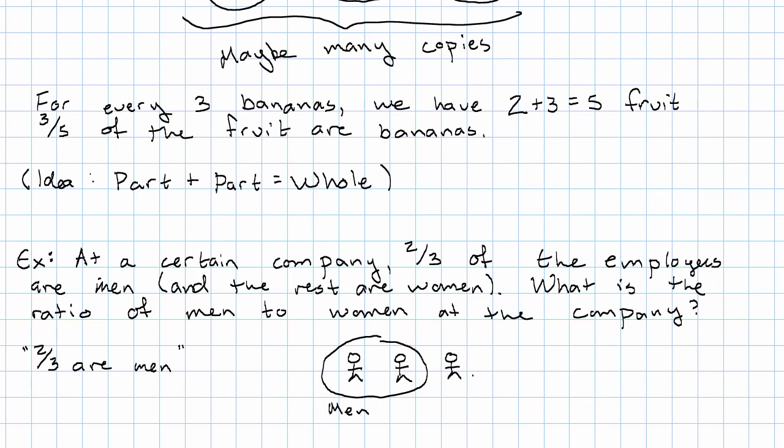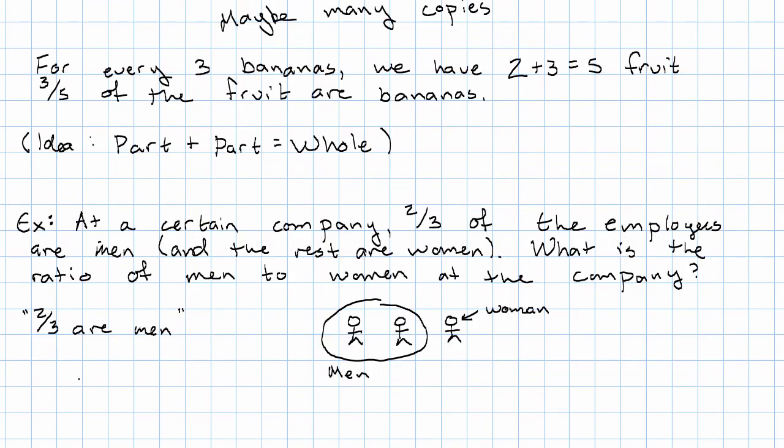And then the remaining one is a woman. So we see that at this company, the ratio of men to women is 2 to 1, which we could write as 2 over 1.